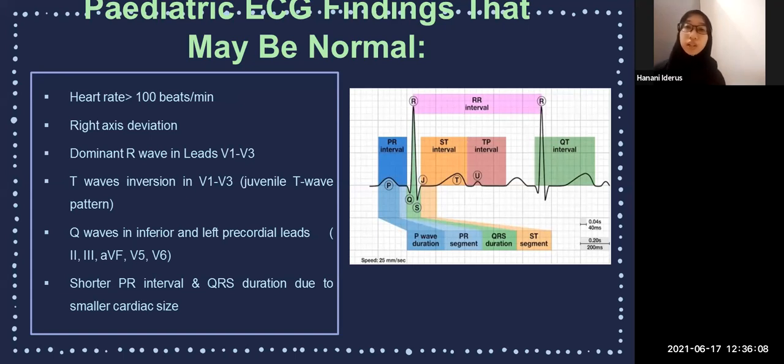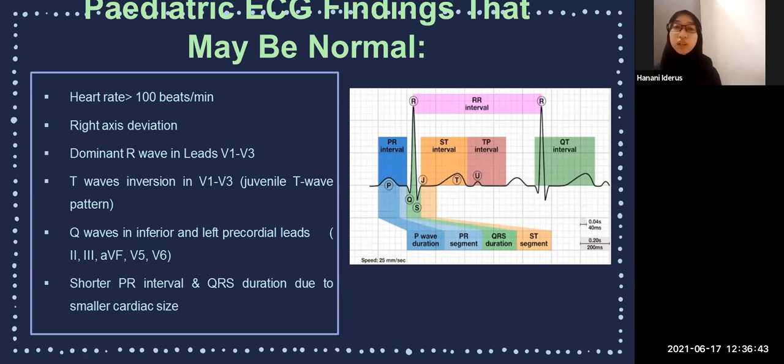And then for right axis deviation and the dominant R wave, as I mentioned before, the right ventricle in children is a bit displaced. This is mainly because the right ventricle is thicker at birth, and then progressively the left ventricle becomes larger. So in younger children, right axis deviation is considered normal, and it is usually resolved after about 6 months old.